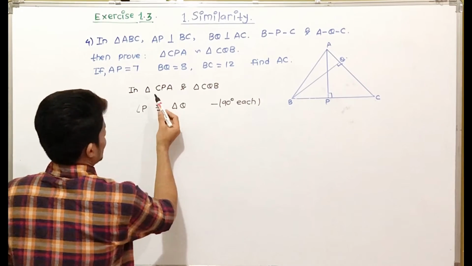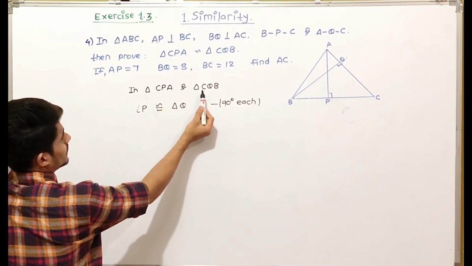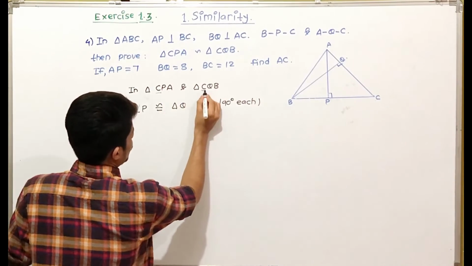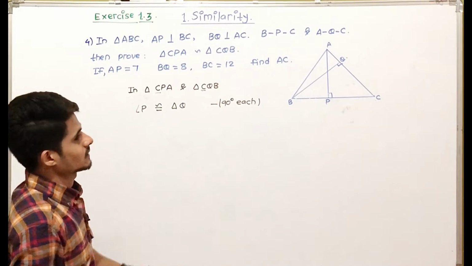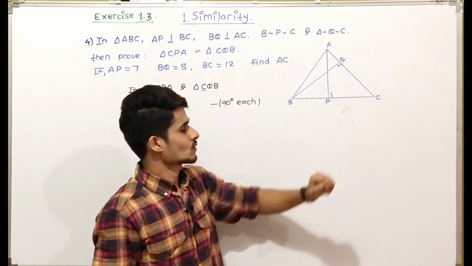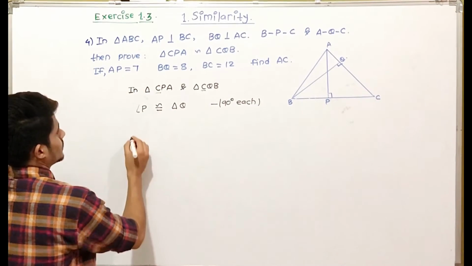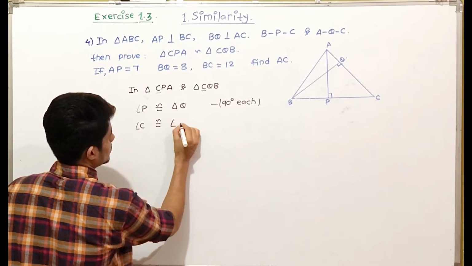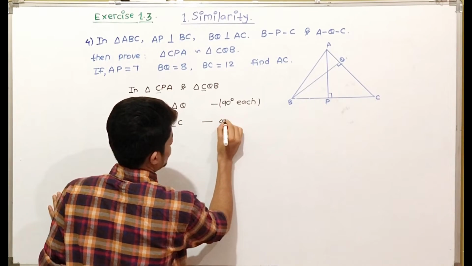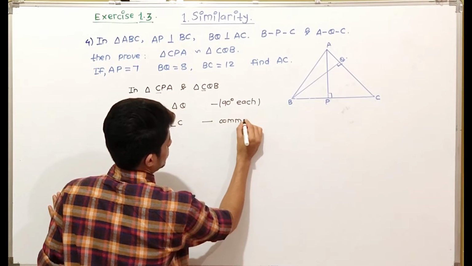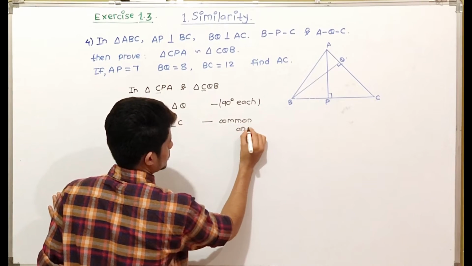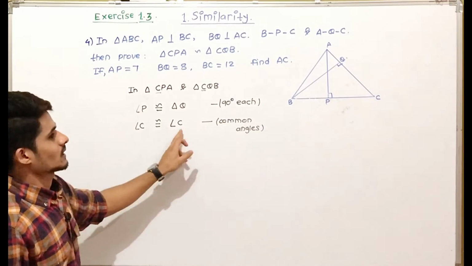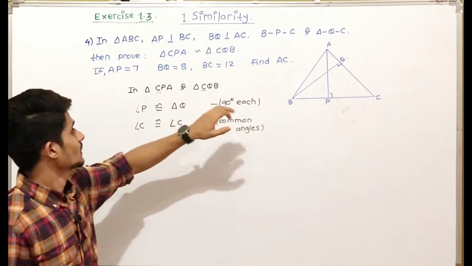Now, in triangle CPA and triangle CQB, angle C is common in both the triangles. So angle C is congruent to angle C. Why? Common angles.